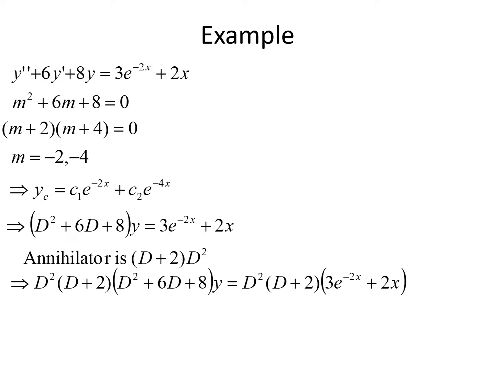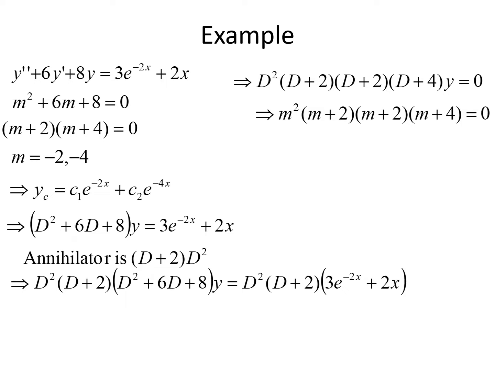Again, by definition, the annihilator is going to cause that right-hand side to go to 0, and we'll factor out the left-hand side. So we get d squared times d plus 2 times d plus 2 times d plus 4 equals 0. Now this is a homogeneous equation, so we could transform it into the auxiliary equation, m squared times m plus 2 times m plus 2 times m plus 4 equals 0.